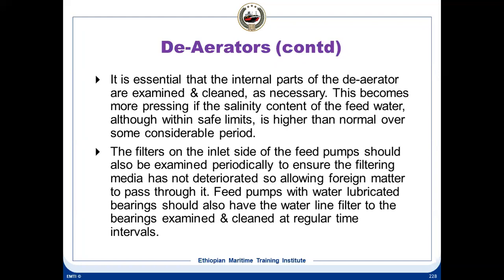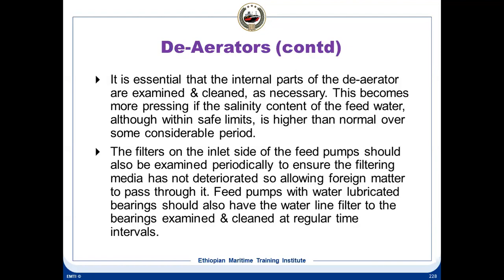And then the scales can not only coat the inside of the boiler, they can also coat the inside of the deaerator, and over a period of time it can build up.